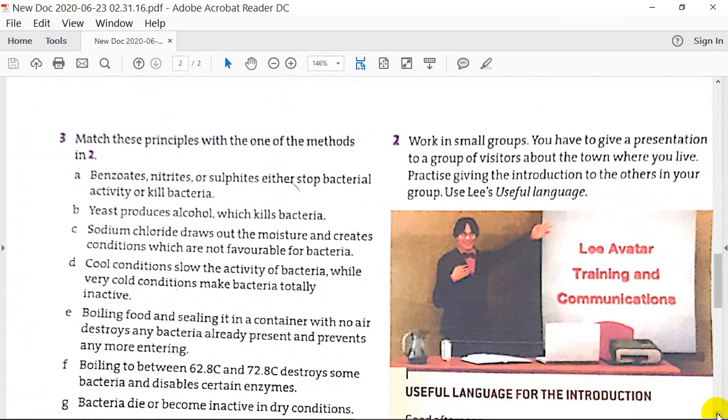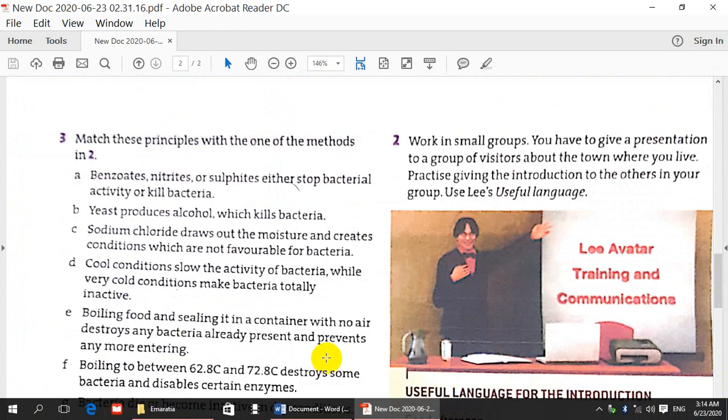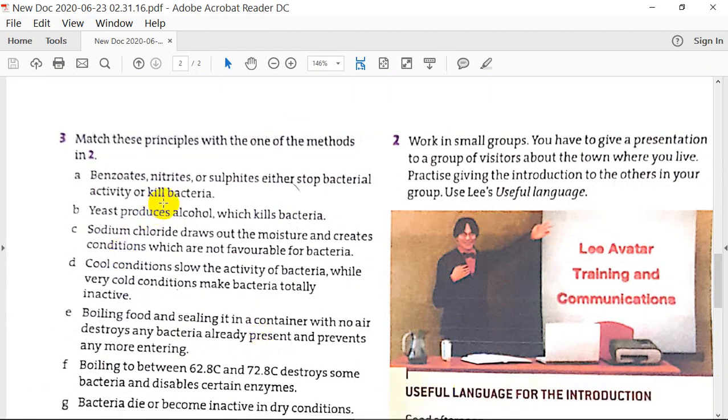So when I say number 1, benzoates, nitrates or sulfates either stop bacterial activity or kill bacteria. We can match it with the photo. Yes, it produces alcohol while killing bacteria. Look what I mentioned before about alcohol, which kills bacteria. We can match it with a word there.